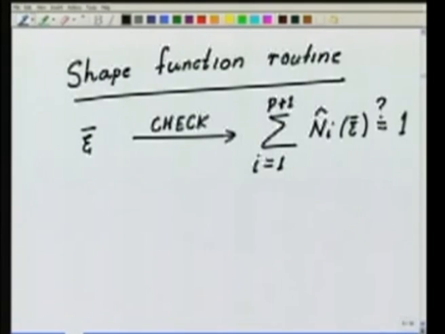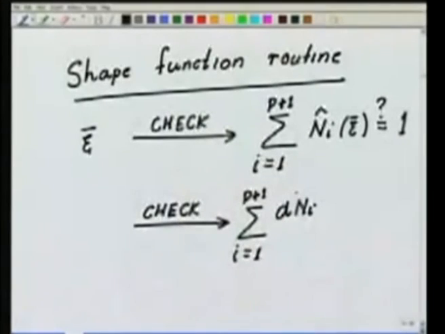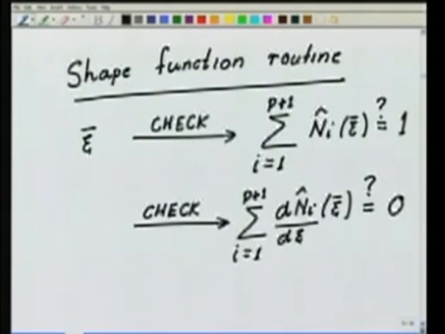The second check, at least these checks can be done, and this should be incorporated in the program: the sum of the derivatives of the shape functions at the point psi bar should be equal to 0. If it is not 0, and if the other sum is not 1, then there is something wrong in the program, so one should go and check where the bug is, and the bug has to be fixed.